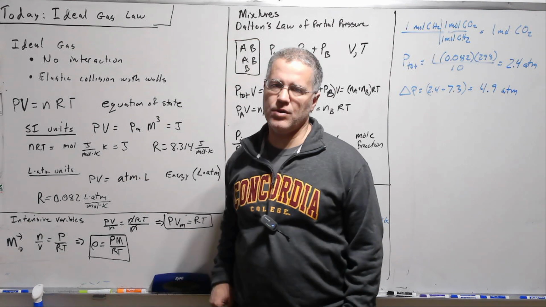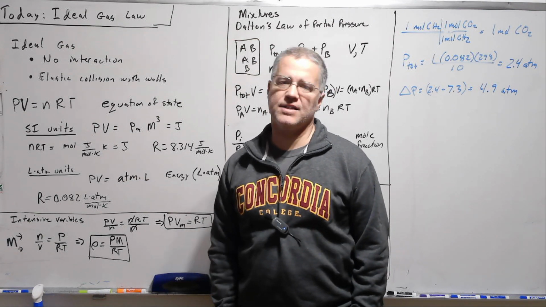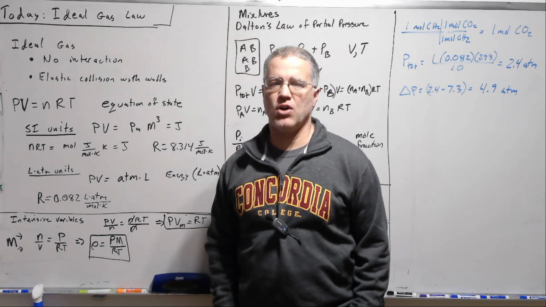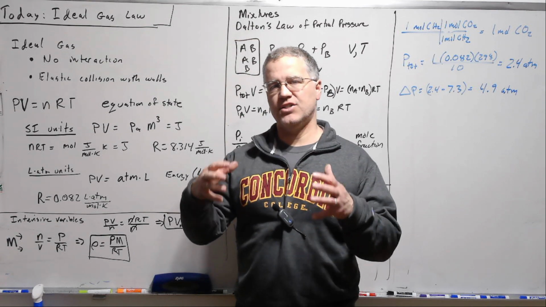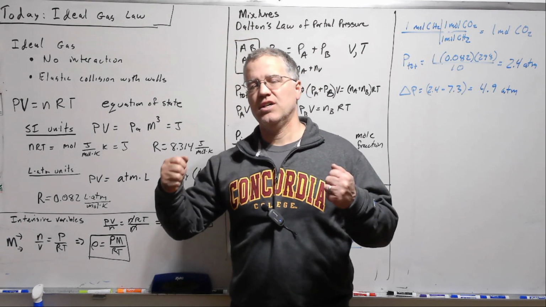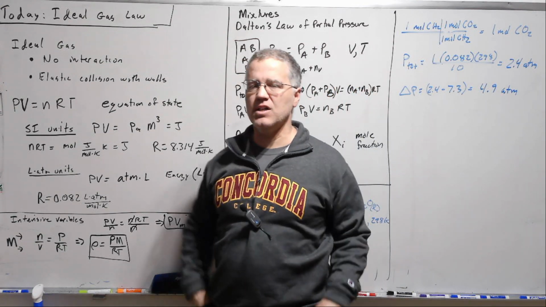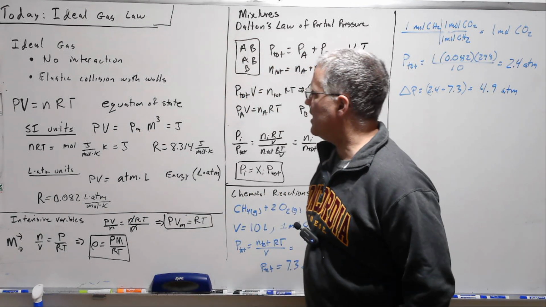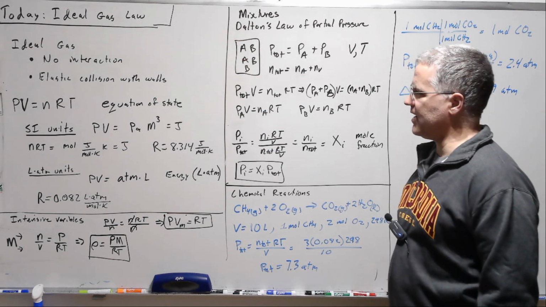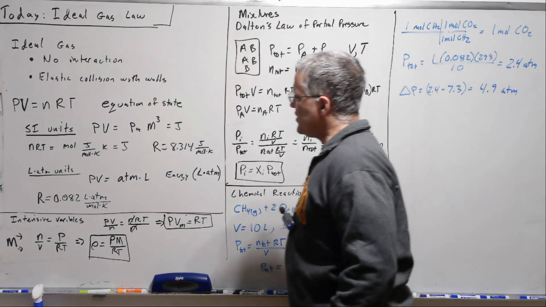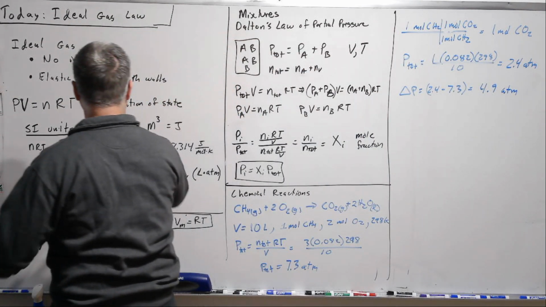And then we will assume elastic interactions with the wall. So pressure in a container is due to the fact that we have collisions of the gas particles with the wall. We still have the collisions with the wall, it doesn't just pass through the wall, to create the pressure in the container.